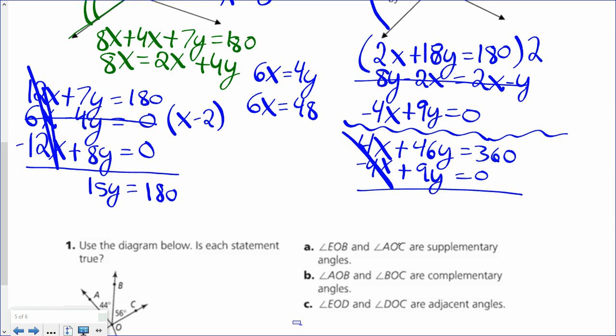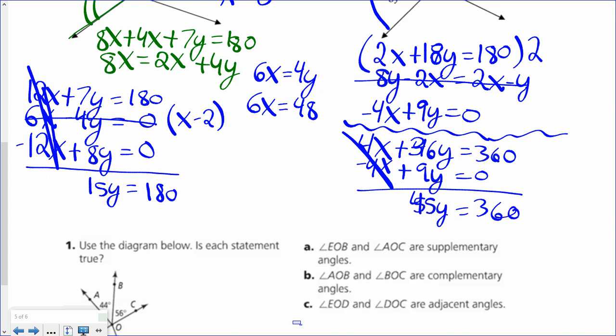Okay, so 36 plus 9, 45. I don't know why I wrote the 4. Don't worry about it, guys. This is 45.